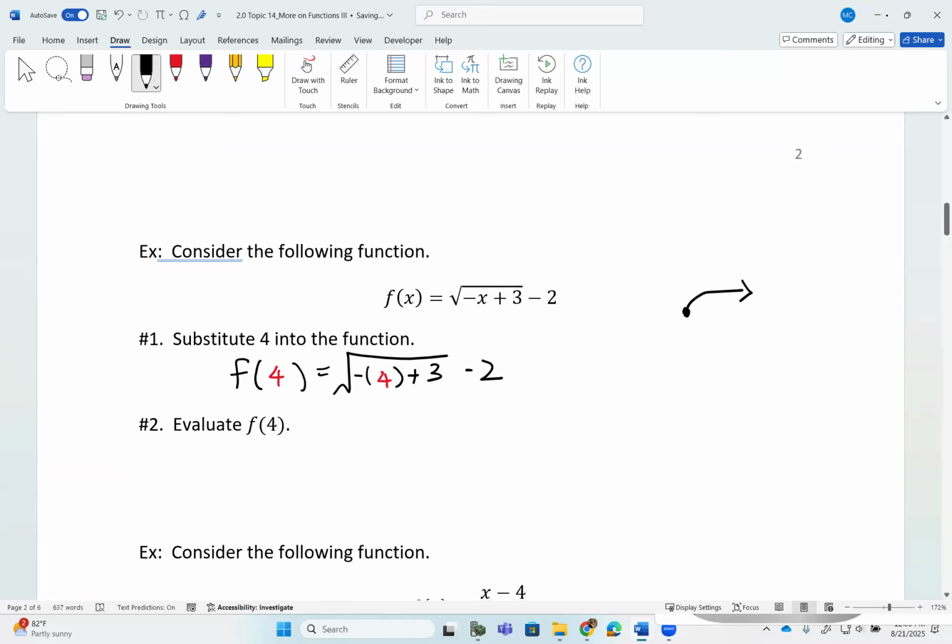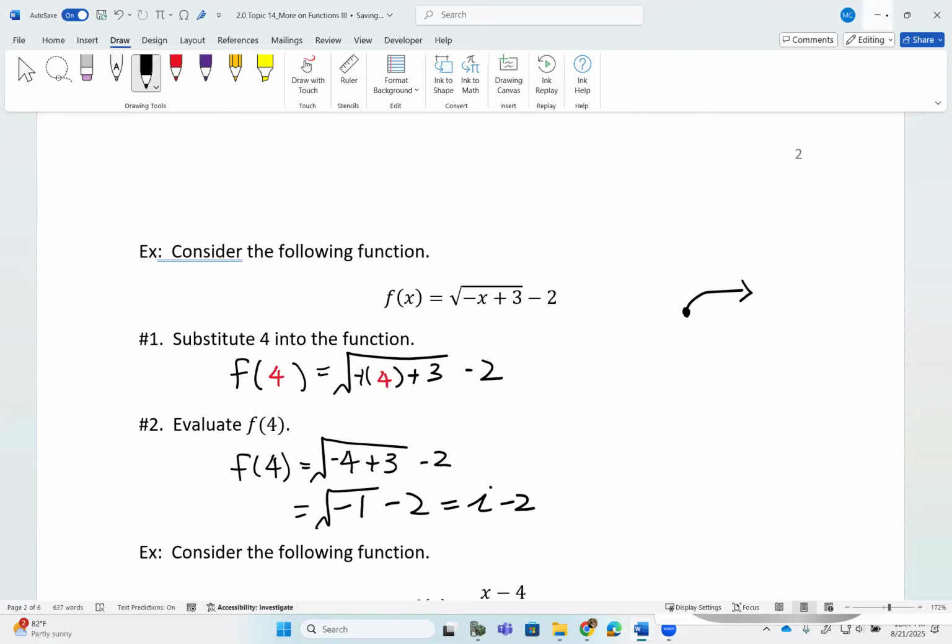This is -1 times 4, so f of 4 is equal to the square root of -4 plus 3, then minus 2. -4 plus 3 is actually -1. So the square root of -1, as you can recall, is equal to i. So my answer here is i minus 2.